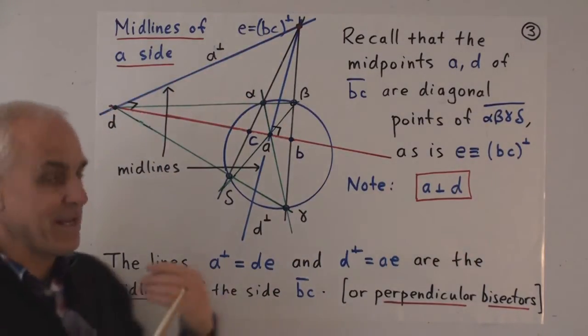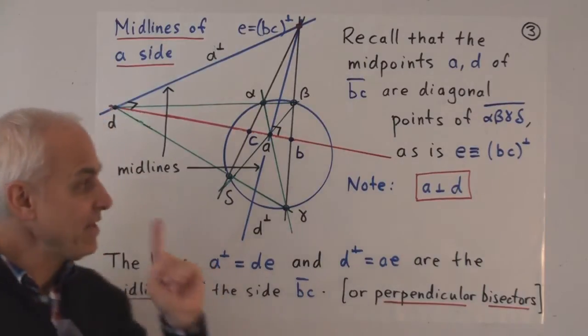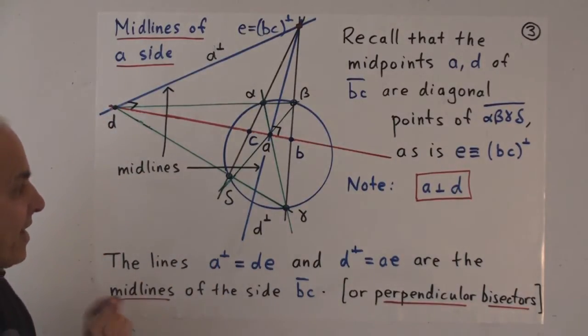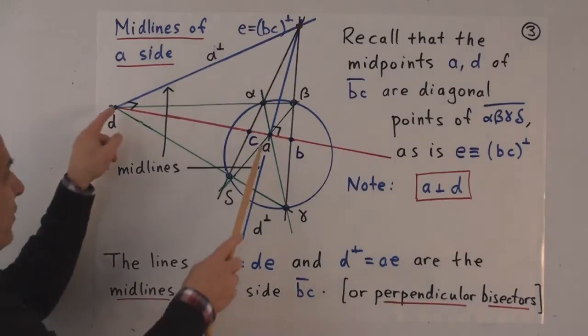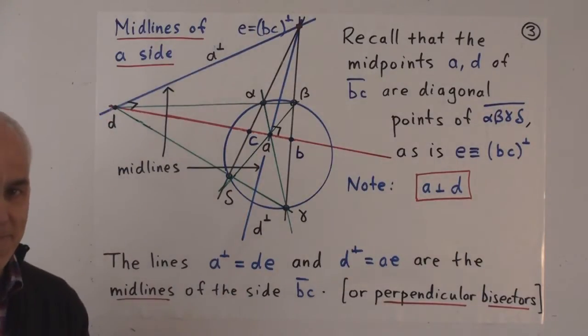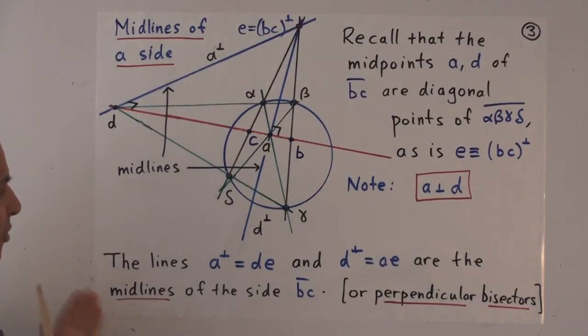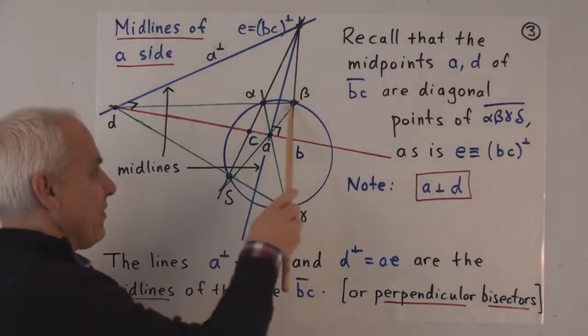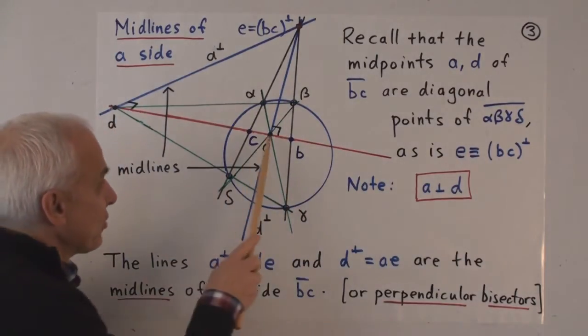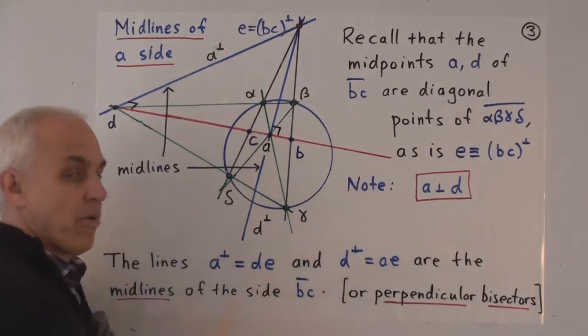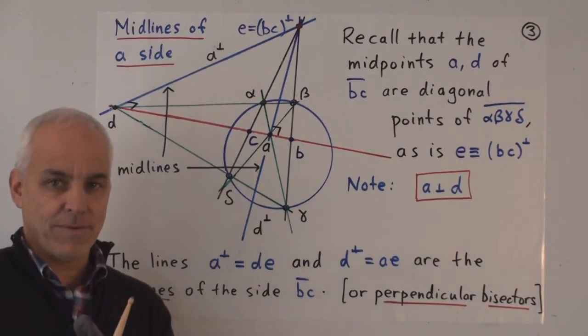And we can say a little bit more. In fact, these two midlines are nothing but the duals of the two midpoints. So I remind you of a very important fact about a quadrangle of null points, namely that these three diagonal points are all perpendicular to each other.